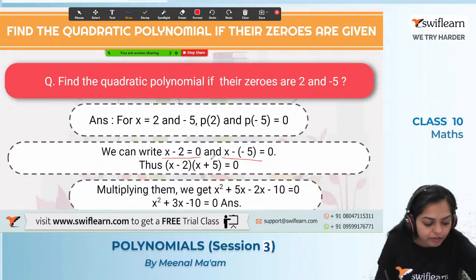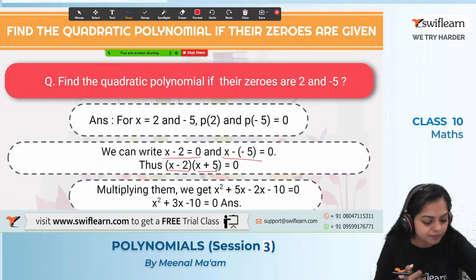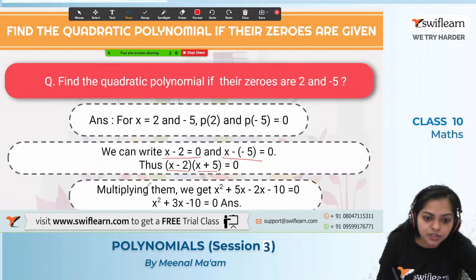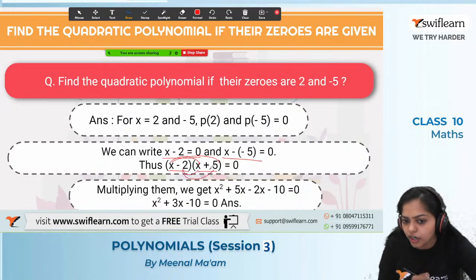Got it? If I multiply them, x minus 2 times x plus 5 equals 0. Multiplying these two terms, we get x square plus 5x minus 2x minus 10.